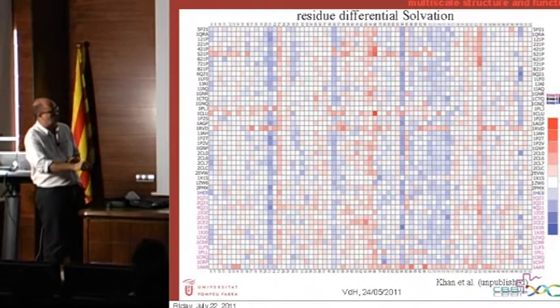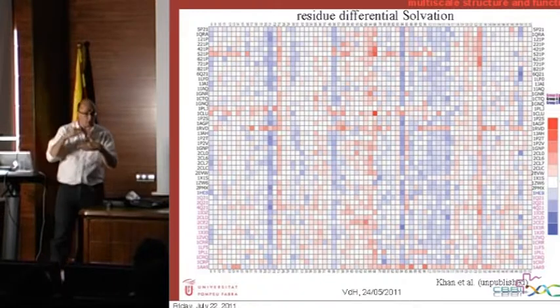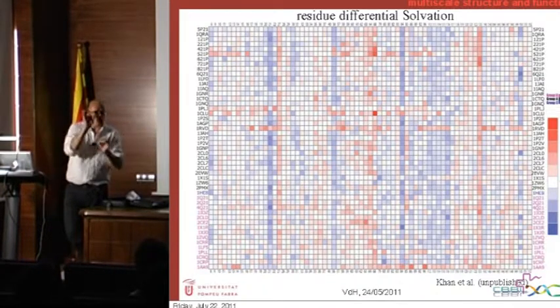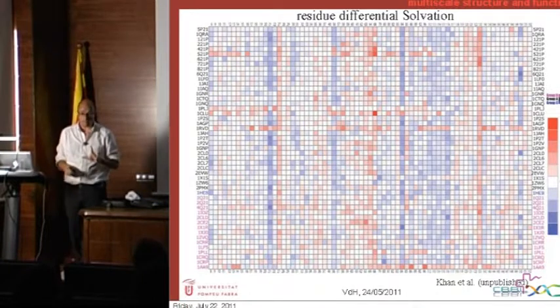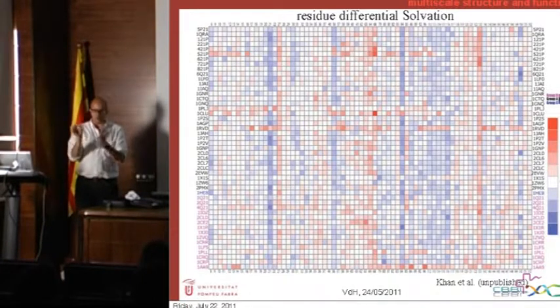There is also a blue column here, a red column here. So something happens there. You have a conservation of the happiness, of the stability of the residues in their particular structures. This is just taking the structures and doing a very simple calculation. So it's not just that the movement of the protein is conserved, it's that the happiness, the stability of each one of the residues is conserved.